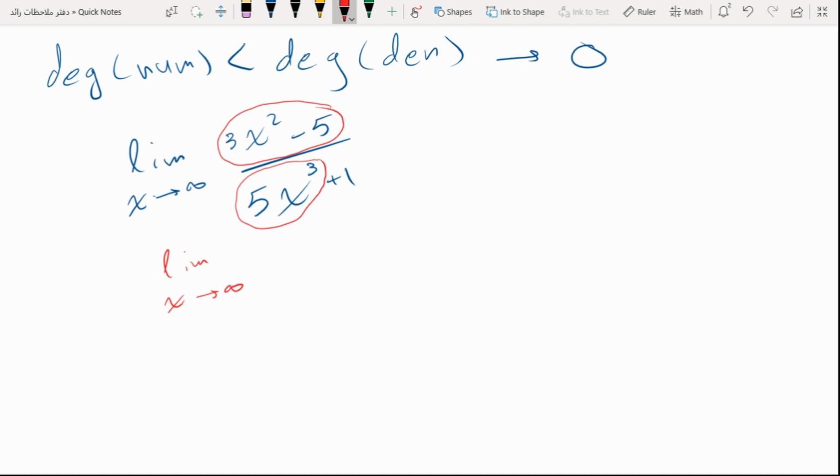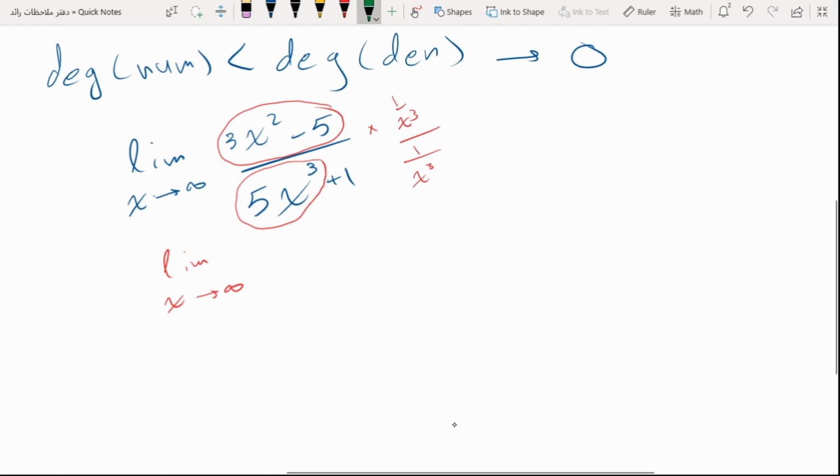So I will multiply up by 1 over x to the power of 3 and down by 1 over x to the power of 3, and distribute the limit.